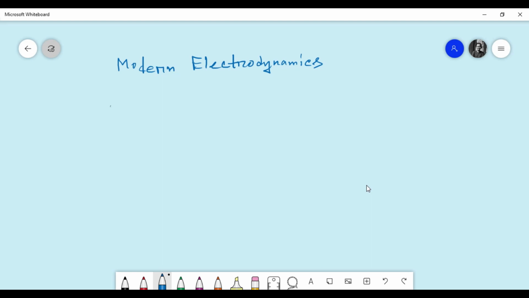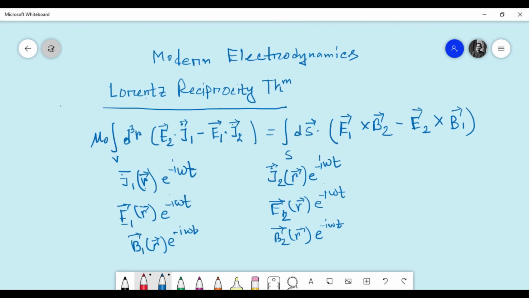So let's first define what the Lorentz reciprocity theorem is. It is basically this integral relation. On one side there's a volume integral, on another side there's a surface integral.